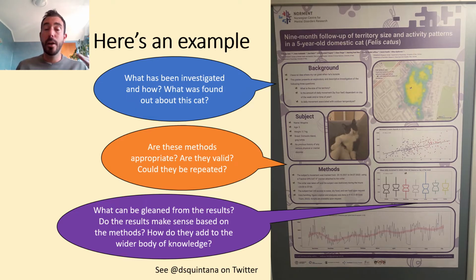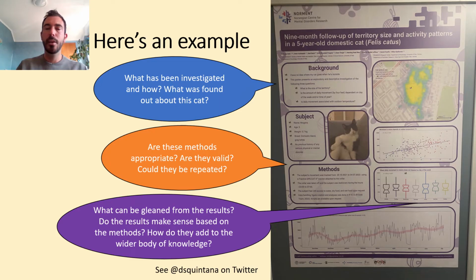We have got a nice correlation between environmental temperature and the cat's behaviour, how far he travelled each day. And then at the bottom, we've got a nice explanation of the change in activity pattern over a longitudinal period. So the methods are explained, the case study is outlined, an illustration of how the animal's movements were assessed is provided, and we've got some interesting results.